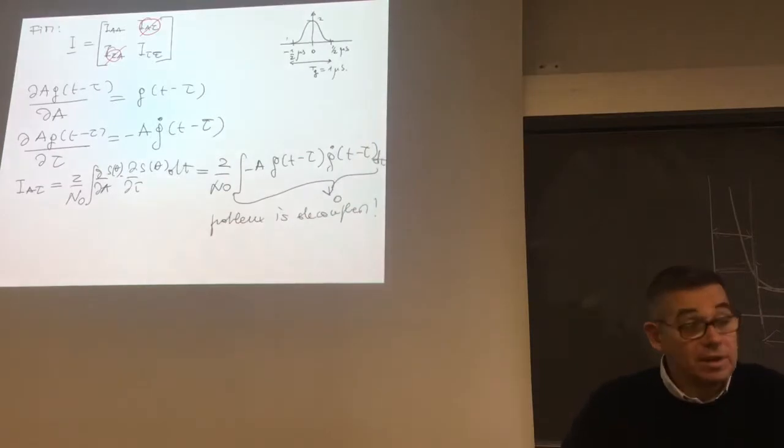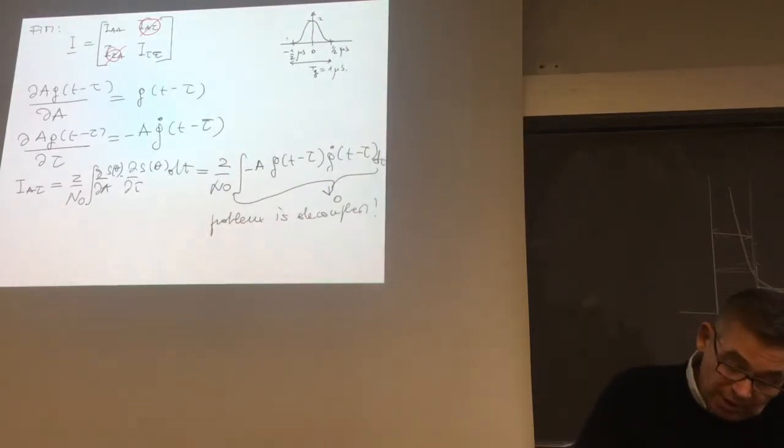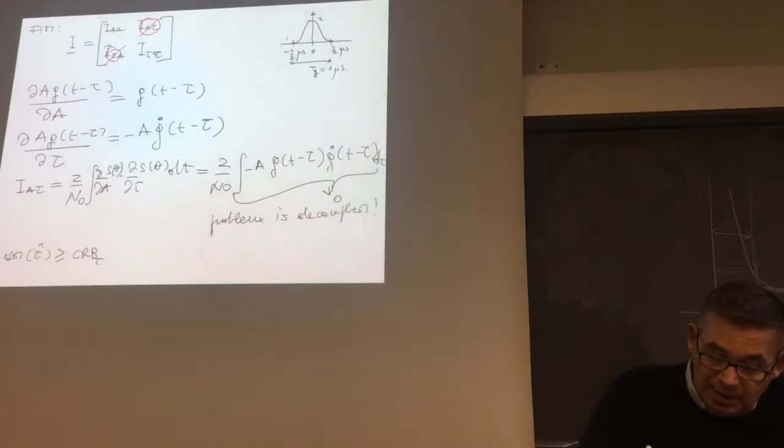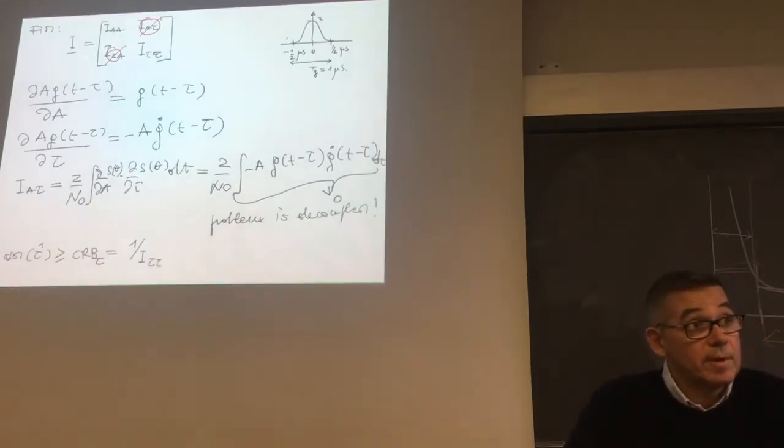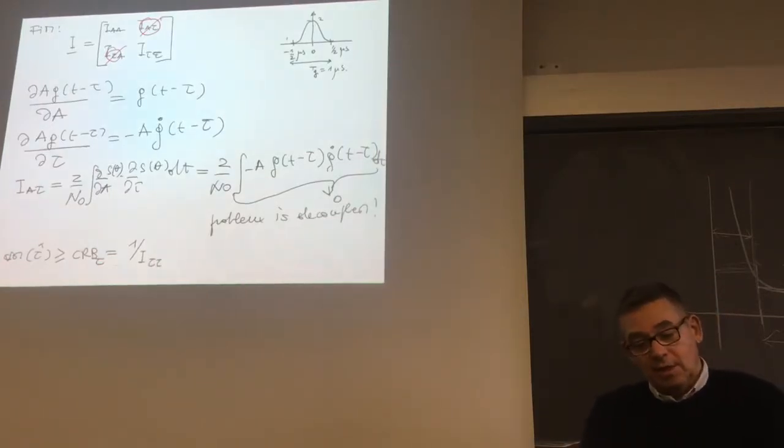Then, what I need to calculate is the following. The Cramér-Rao bound, so the variance of tau n is larger or equal than the Cramér-Rao bound on the delay, which is equal to 1 over I tau tau. So let's calculate this I tau tau.